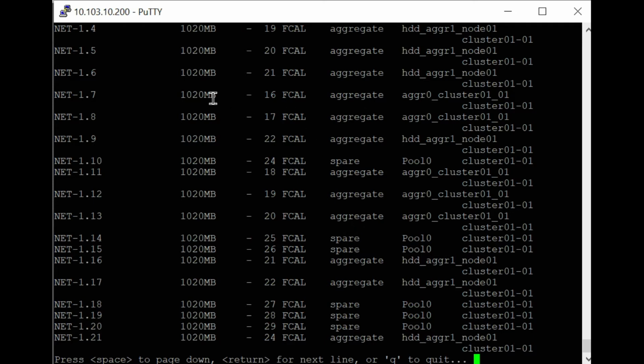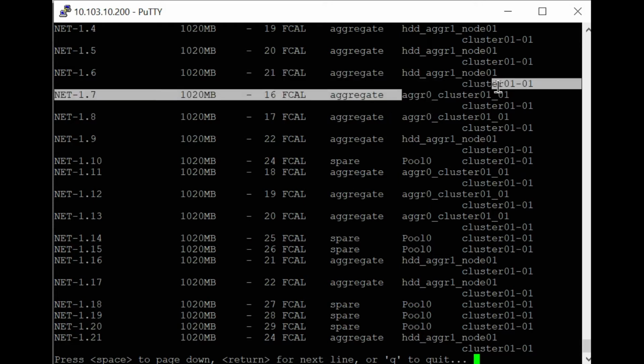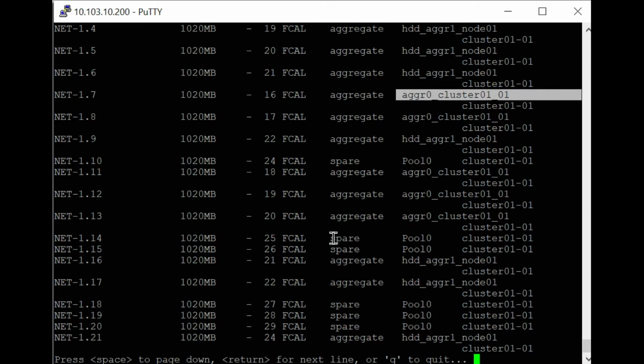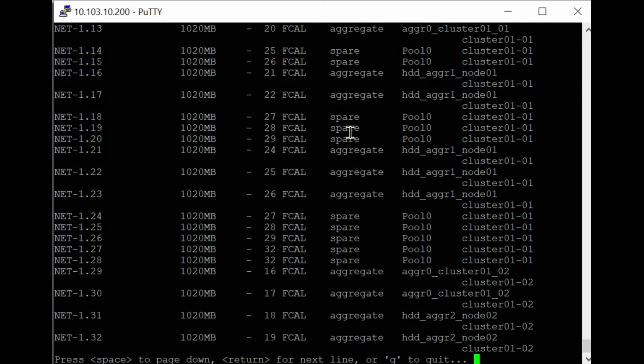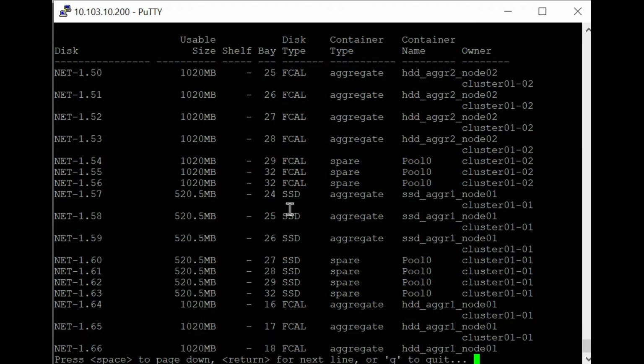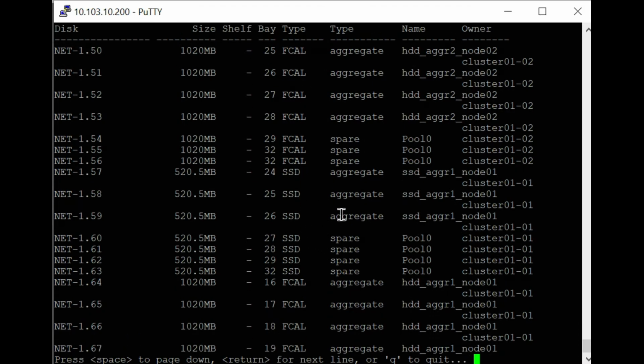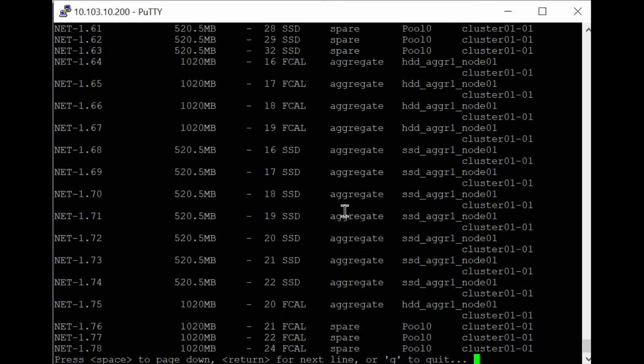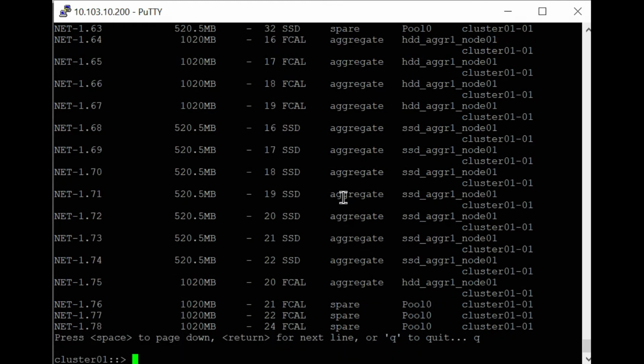So if this disk fails for any reason, one of the spare disks picked by the cluster will join the aggregate, and the data will be copied to that spare disk. Great. What else do we have? So these are the HDD. Down there we have SSD disks, and also SSD spare disks. Okay, the same idea.